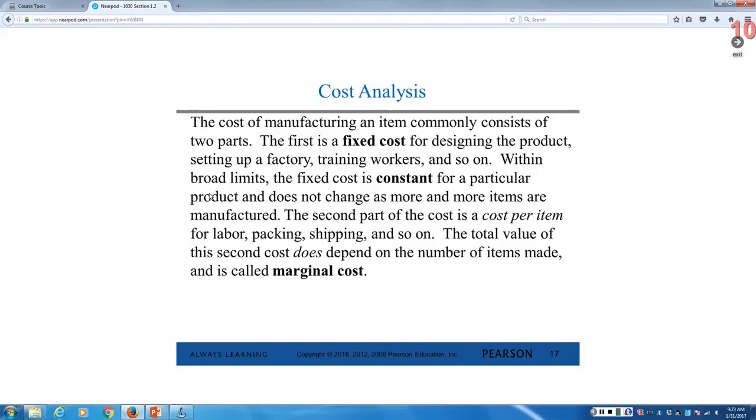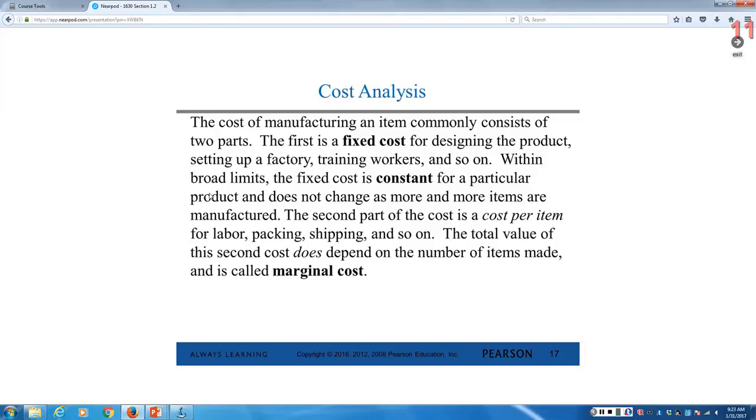That part of the cost does change as you make more and more of whatever it is that you're manufacturing, because as you make more, it requires more materials, it requires more packaging, it requires more shipping costs, because when you make more, all of those things cost more. So the total value of the second cost does depend on how many items you make, and again, we call that marginal cost.